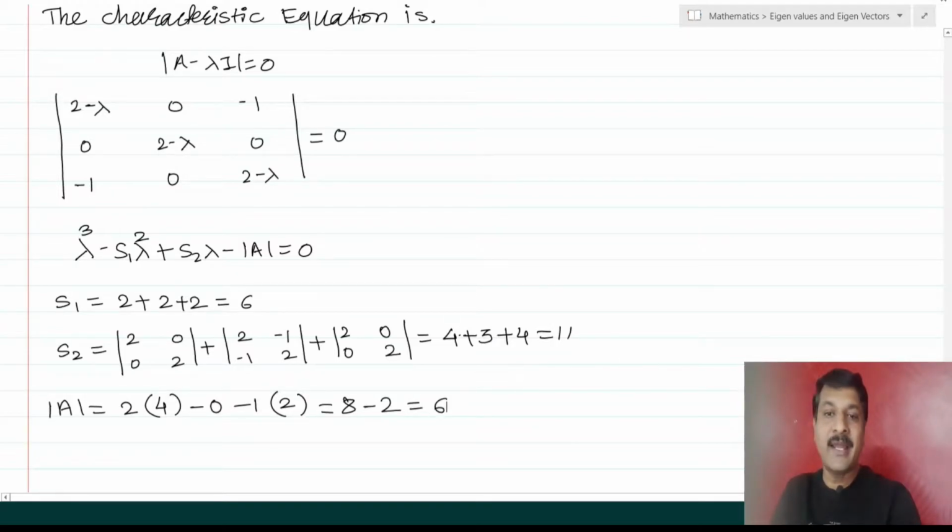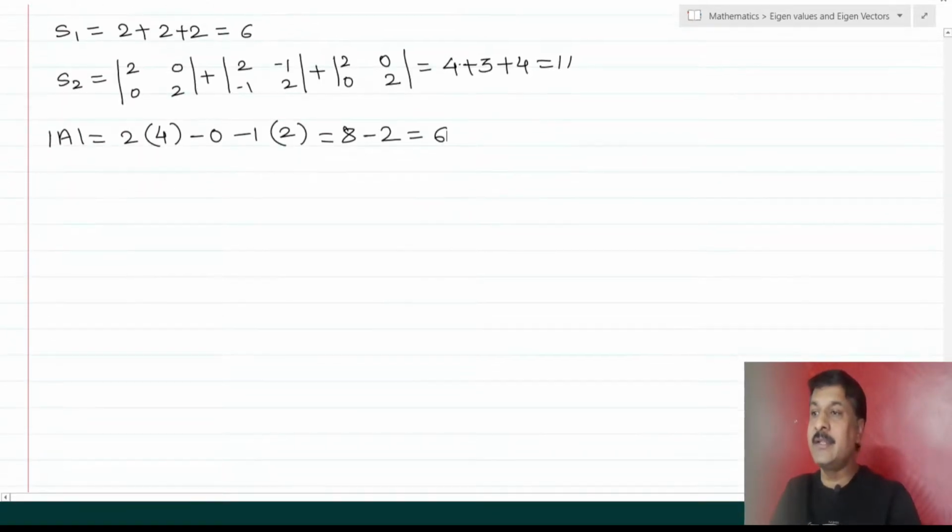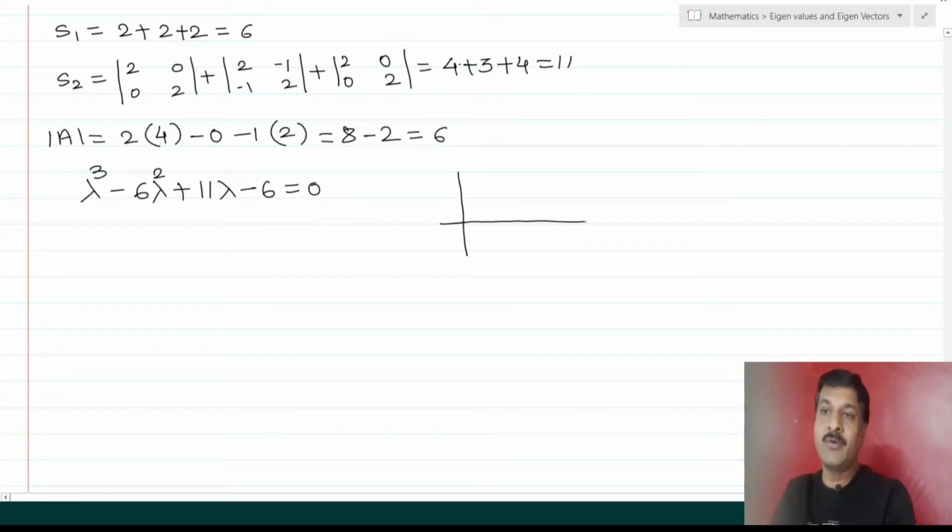That is why the characteristic equation is lambda cube minus s1 lambda square plus s2 lambda minus determinant of A equal to 0. Now find the factors or roots of this equation. How to find them? By the synthetic division method. Consider the coefficients 1, minus 6, 11, minus 6.